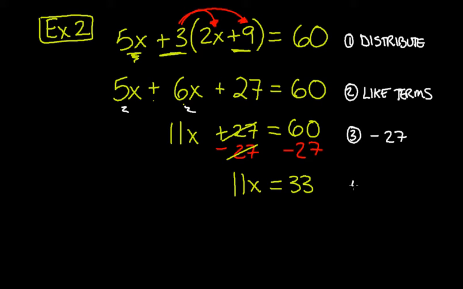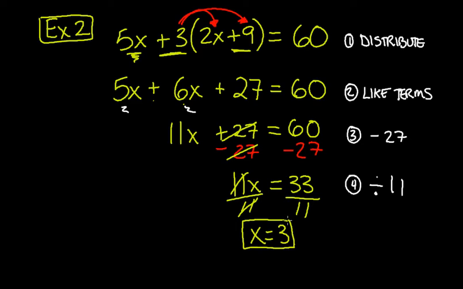And then our final step, divide by 11 on both sides. Divide by 11, divide by 11. The 11s cancel out, yay, because that's 1 over 1. 33 over 11 works out to be 3. So we get x, it's isolated, it's all by itself. And it tells us that x equals 3.